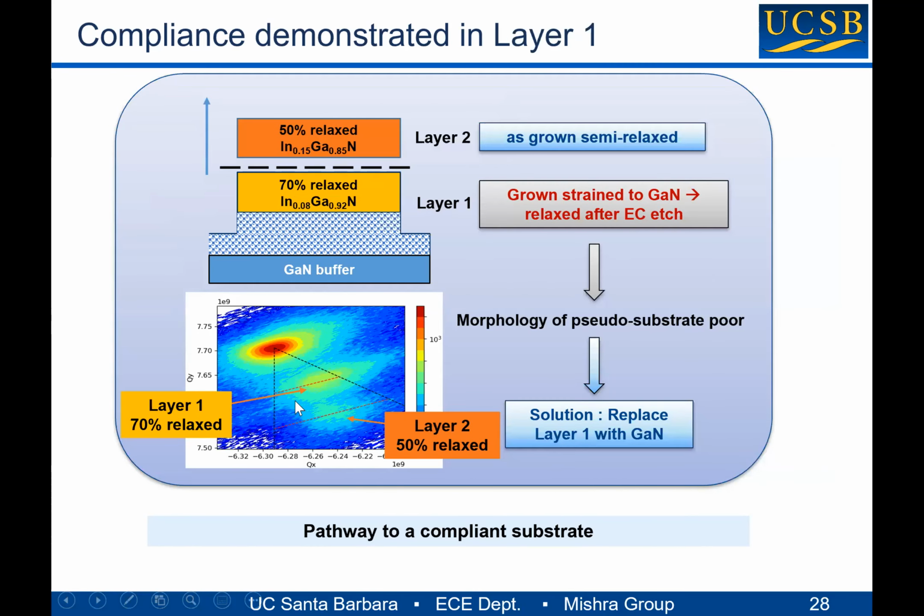And further analyzing this result, we can see that the relaxed InGaN base layer 1, which we grew initially strained to gallium nitride, is a problem, especially in terms of the morphology. So what if we replace this layer 1 with gallium nitride?